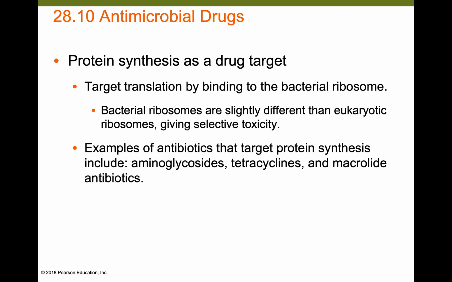Protein synthesis is also an attractive drug target. While both bacteria and eukaryotic cells do protein synthesis, bacterial ribosomes are different from eukaryotic ribosomes. So many of these antibiotics that target protein synthesis will target features of the ribosome that are in the prokaryotic ribosome, or the bacterial ribosome, versus the eukaryotic ribosome.